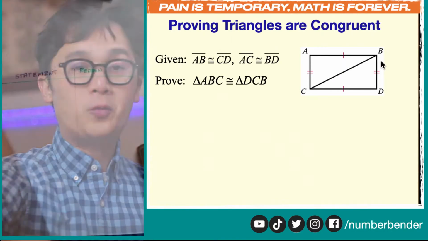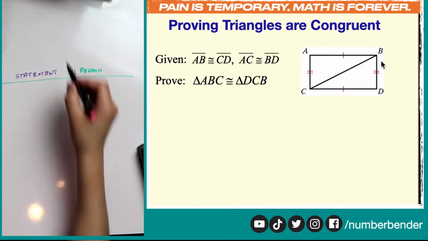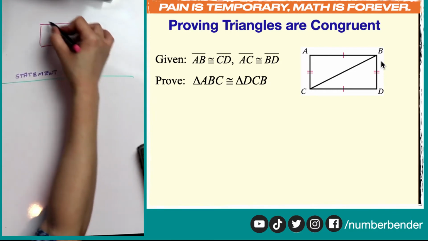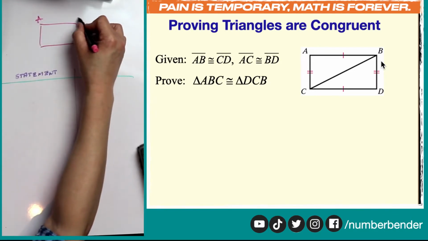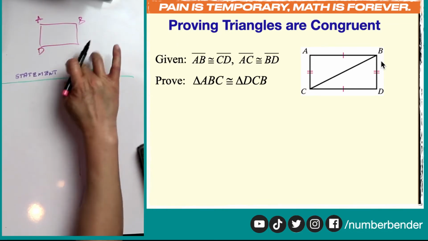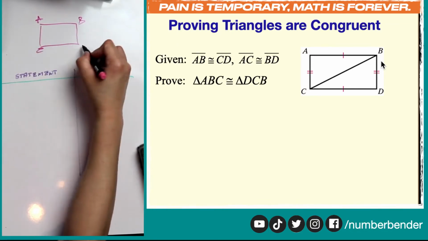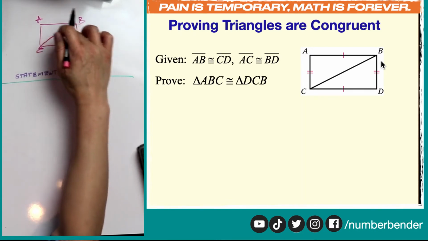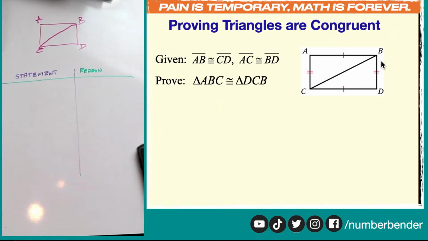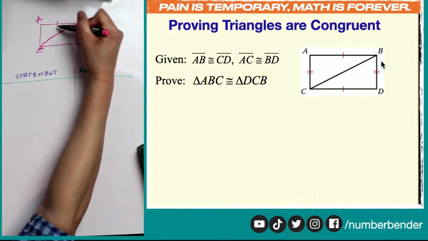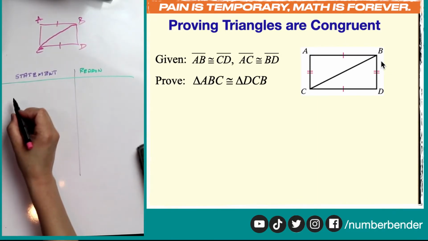So to start with, of course, let's draw our little quadrilateral right here, and this is quadrilateral A, B, C, D. This is C and this is D, and we have a diagonal so that we can have two triangles in our diagram. So the first statement will establish the given information, and we know that AB is congruent to CD.